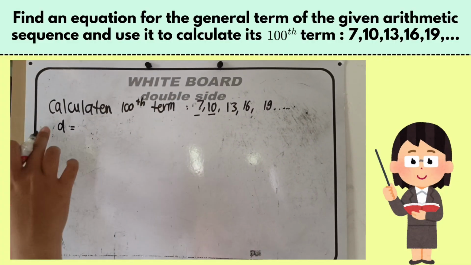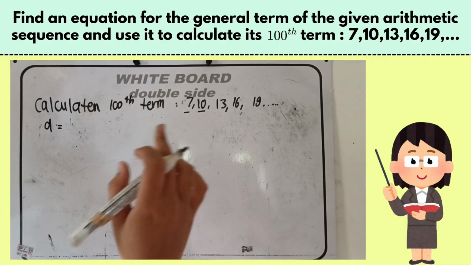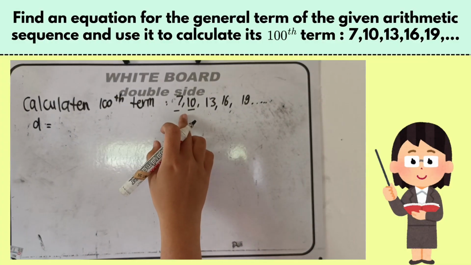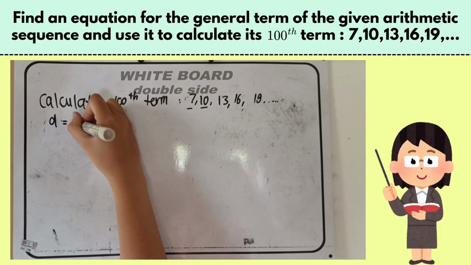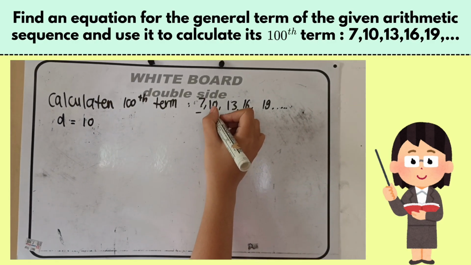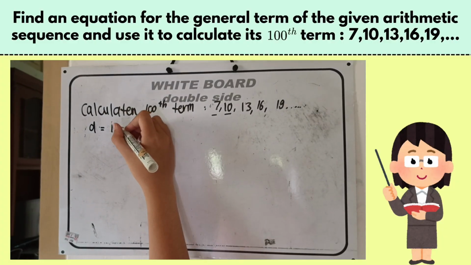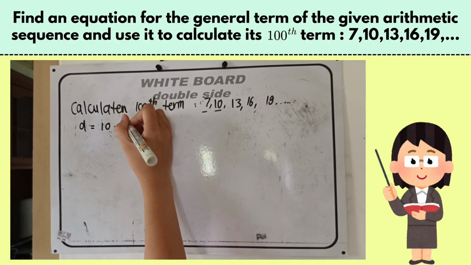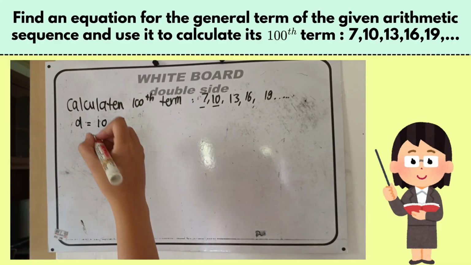If we want to find d, we take a sub 2, which here is 10, and subtract 7, because 7 is a sub 1.